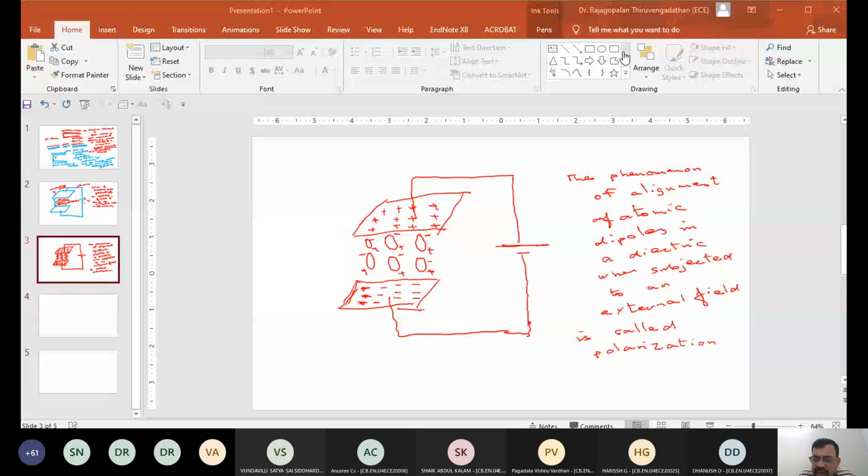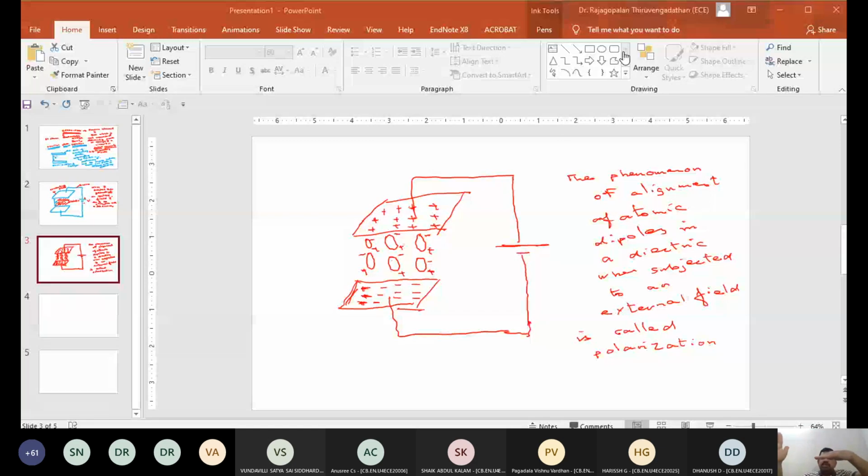We will revisit this capacitor problem when studying applied electromagnetics, in more detail. But right now, you can understand that we have pulled electrons from one plate, leaving it positively charged, and put them on the other plate.